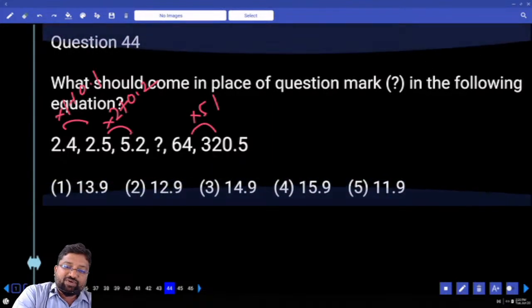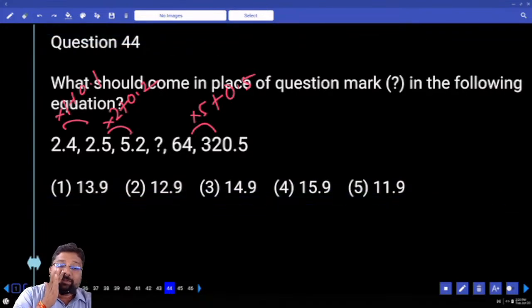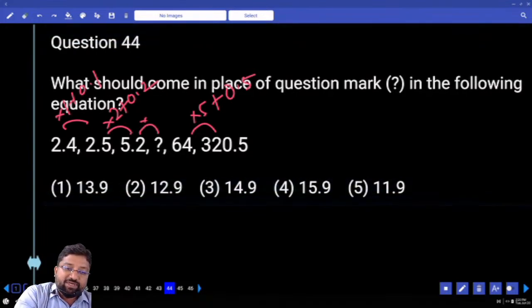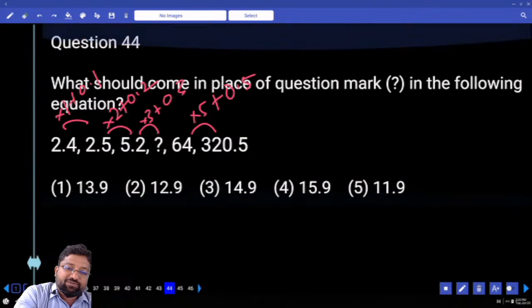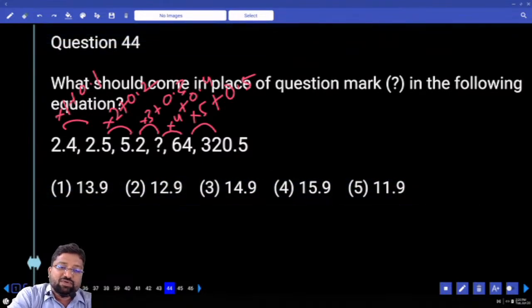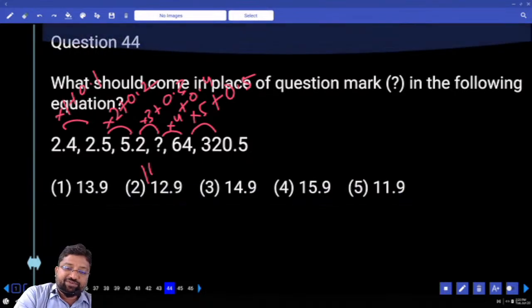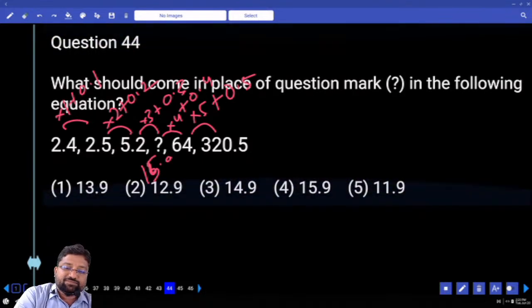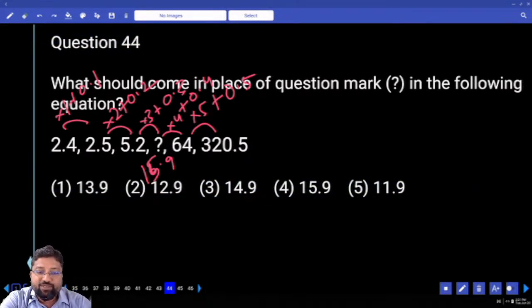This is into 5 plus 0.5. What should be my number here? Into 3 plus 0.3, into 4 plus 0.4. 5.2 into 3 is 15.6. 15.6 plus 3. 15.9 into 4.